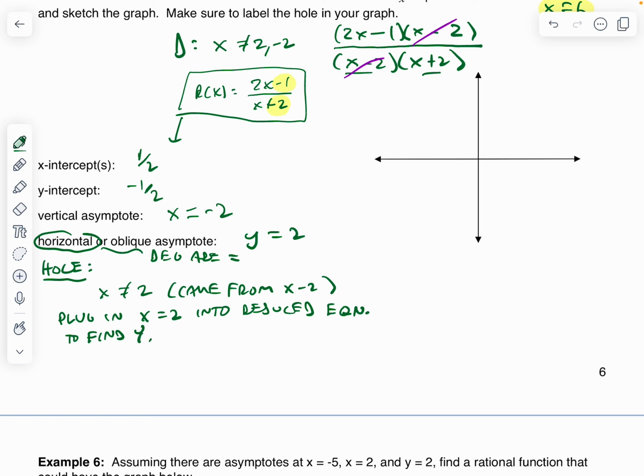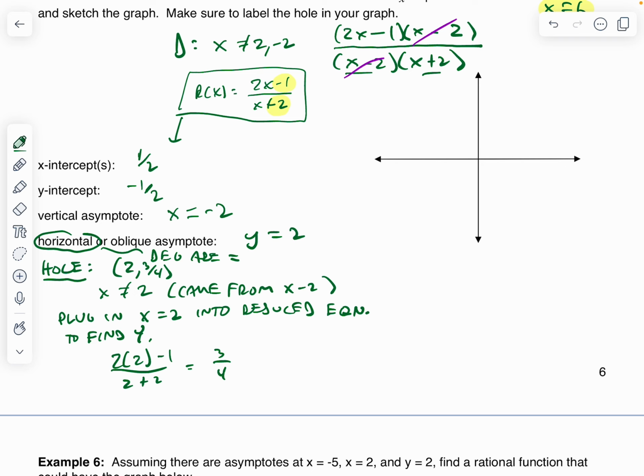So that's going to be 2 times 2 minus 1 over 2 plus 2. 4 minus 1 is 3. 2 plus 2 is 4. Okay, so we get a hole at (2, 3/4). Okay? So essentially what that means is that's where the graph is currently at, but we skip over that value.